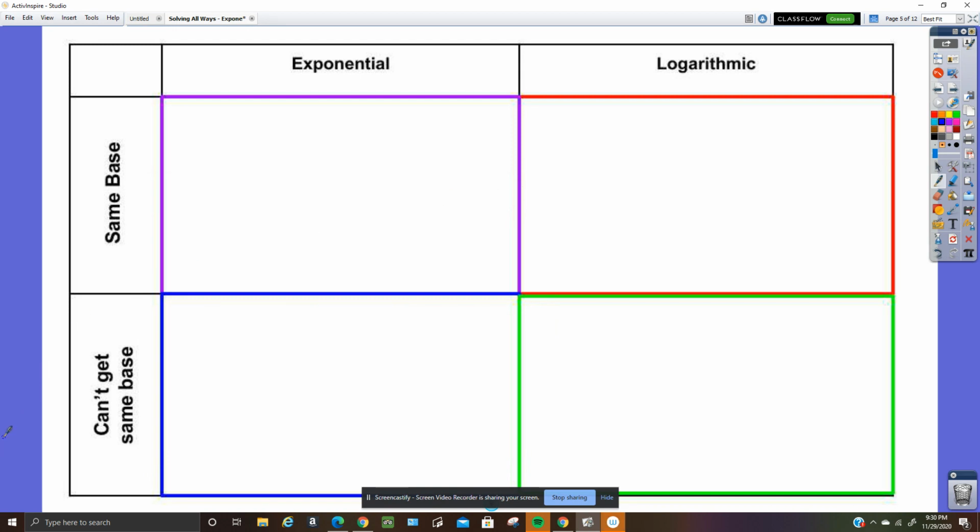All right, so same base, exponential. You want to equate the exponents and solve for x.